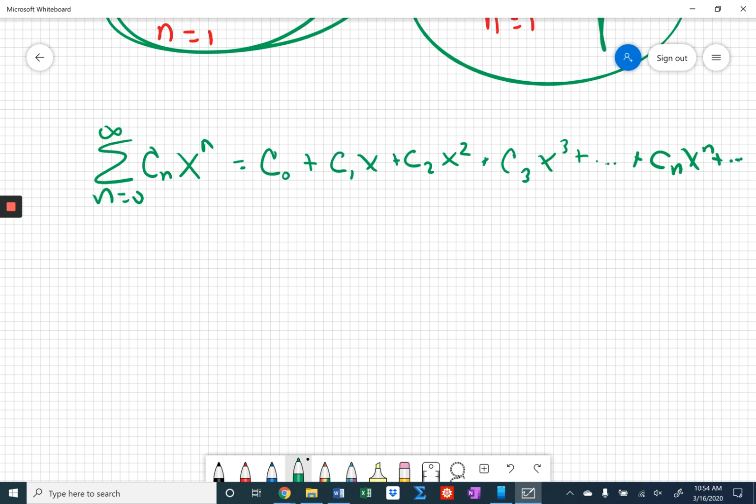Okay, I want you to think about this now a little bit differently. We want to think about this as a function.